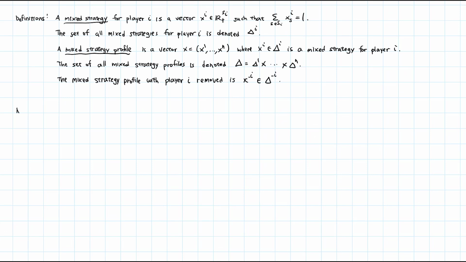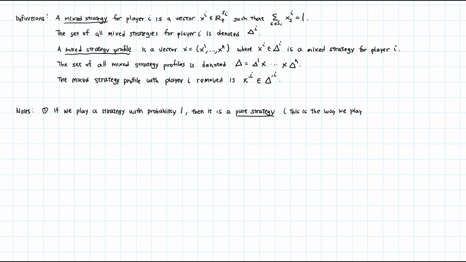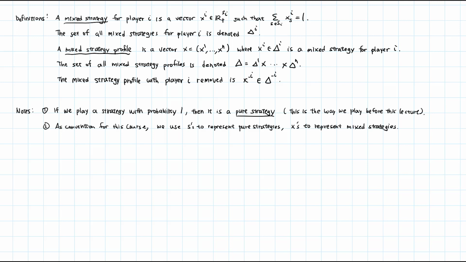A couple of notes here. If we play a strategy with probability 1, then it is called a pure strategy. This is the way we played games before this lecture. Also, as a convention for this course, we will use s's to represent pure strategies and x's to represent mixed strategies.